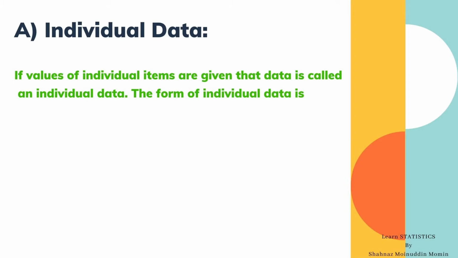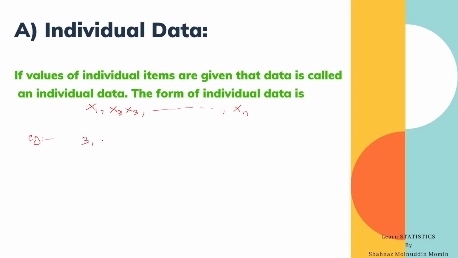The form of individual data is x1, x2, x3, likewise xn. These are the n individual values we have given. Let us see an example to understand the individual data.